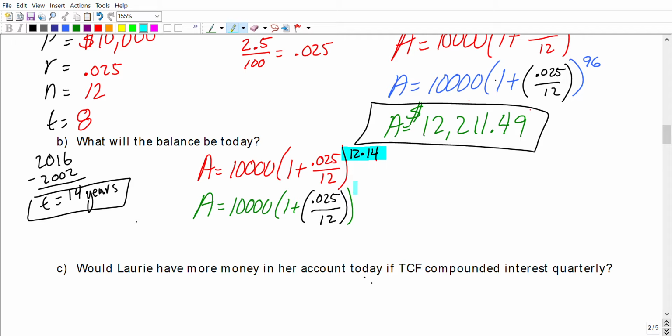So this is 168. All right, let's go ahead and type that into our calculator. 10,000, sorry about that, guys. Open parentheses 1 plus another open parentheses 0.025 divided by 12. Close parenthesis, raised to the 168.